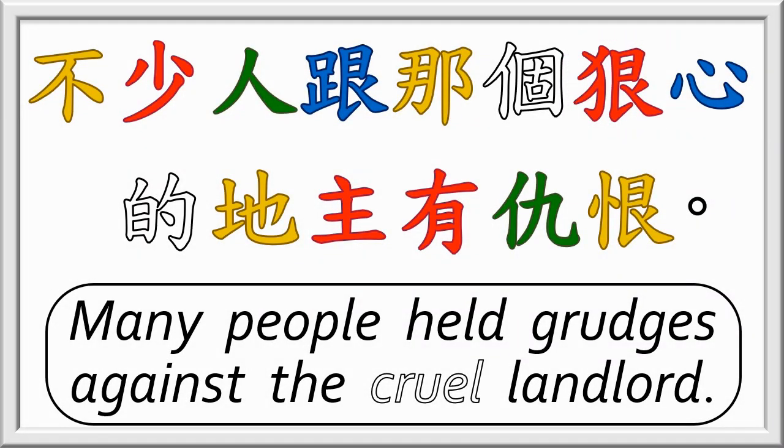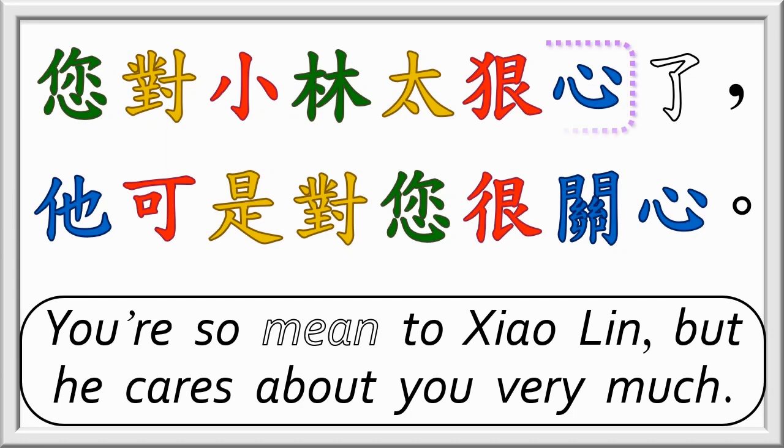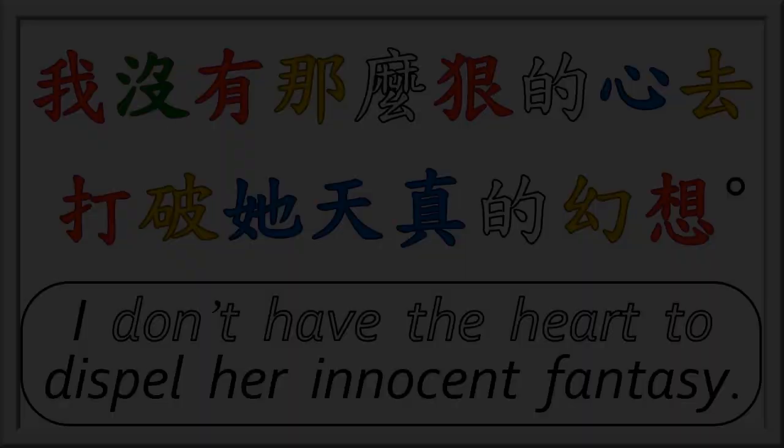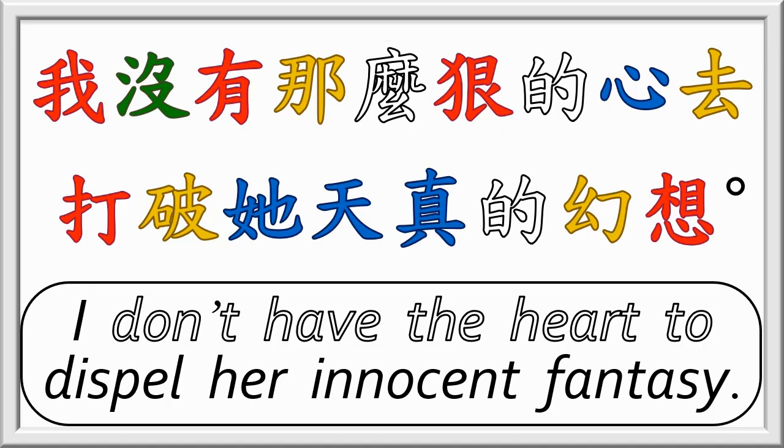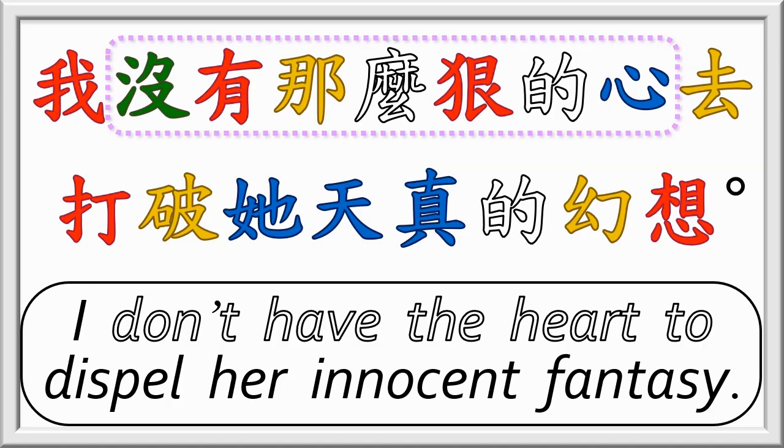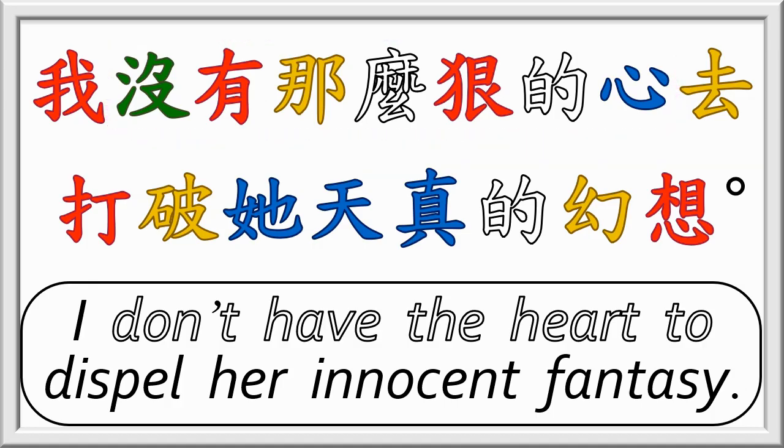不少人跟那个狠心的地主有仇恨。Many people held grudges against the cruel landlord. 您对小林太狠心了，他可是对您很关心。You're so mean to 小林, but he cares about you very much. 我没有那么狠的心去打破他天真的幻想。I don't have the heart to dispel her innocent fantasy.